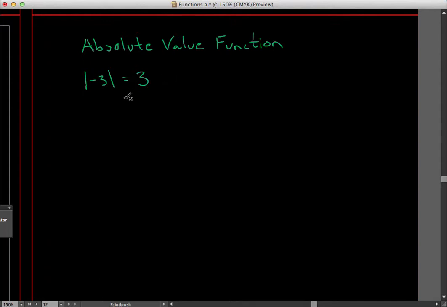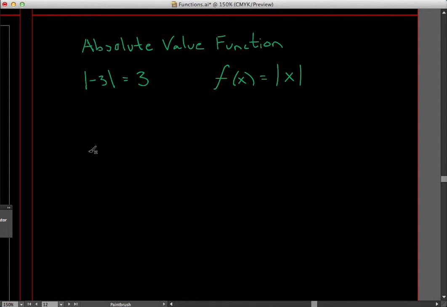So the number of spaces it needs to travel from -3 to 0 is 3 spaces, the magnitude. The simplest absolute value function that we have is f of x is equal to the absolute value of x.